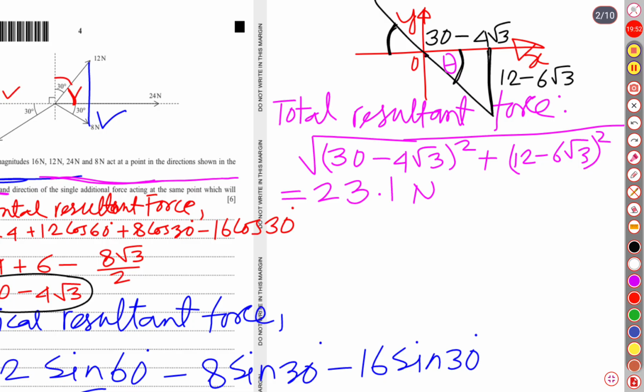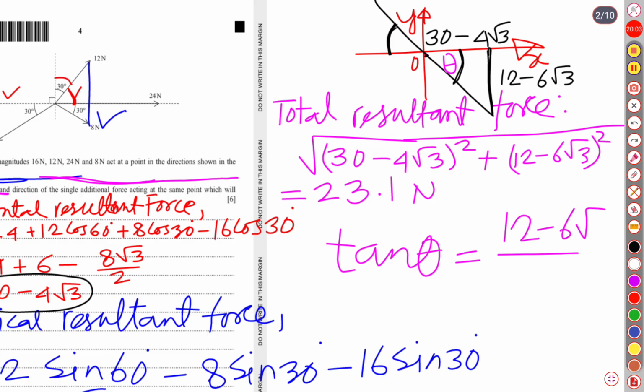So tan theta is equal to vertical force over horizontal force. The vertical force was 12 minus 6 square root over 3, and the horizontal force was 30 minus 4 square root over 3.